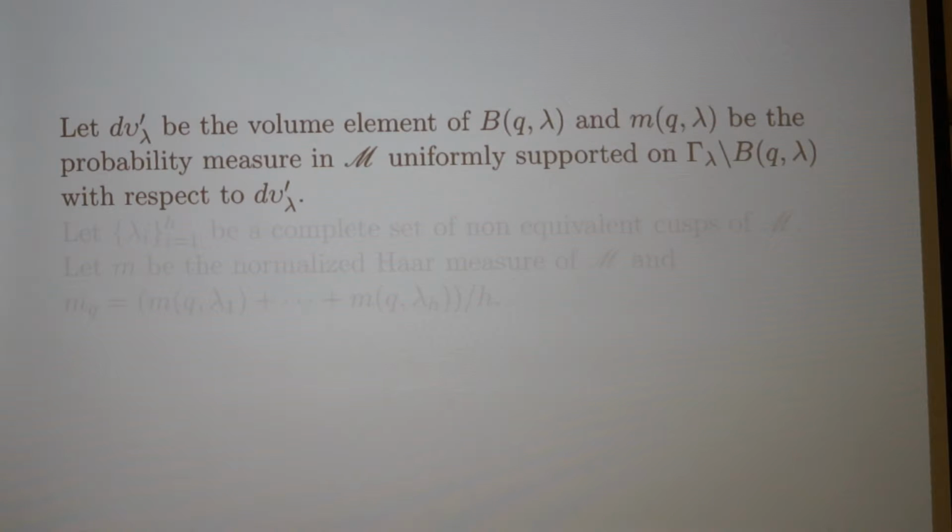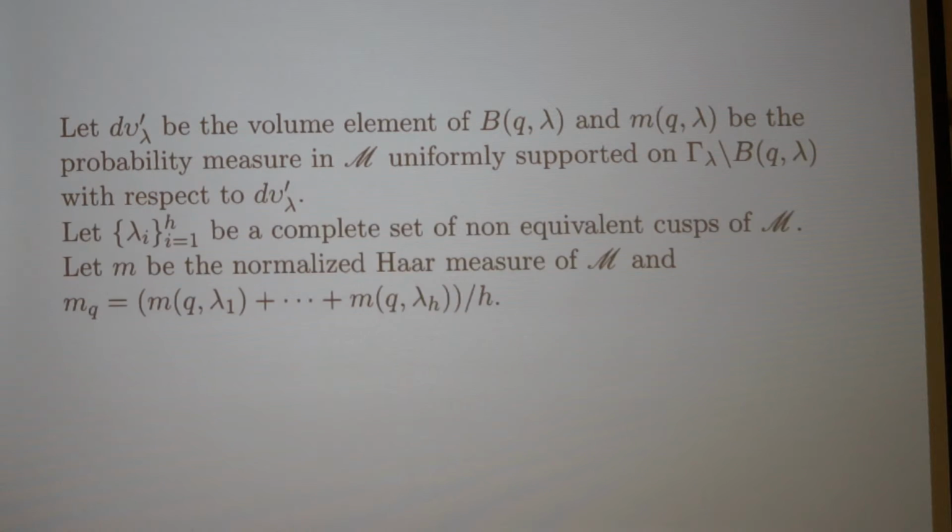Then we can define probability measures uniformly supported on the transversal section when we use the Riemannian metric on the transversal section that is inherited from the ambient space.